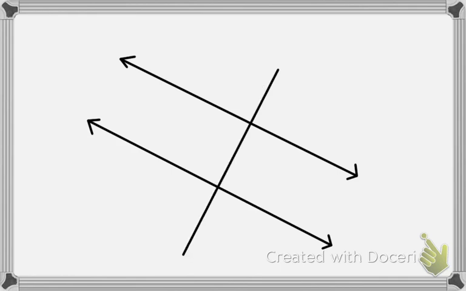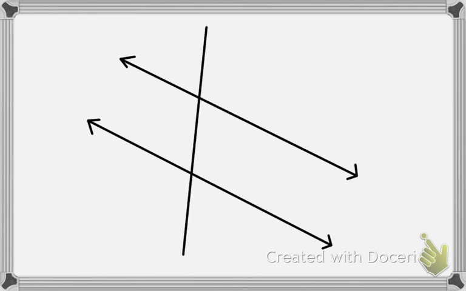So something like this. Okay. And so this is what's called a transversal. All right, so the transversal cuts these parallel lines into different angles, different sections. So this is a transversal. All right, a transversal line.